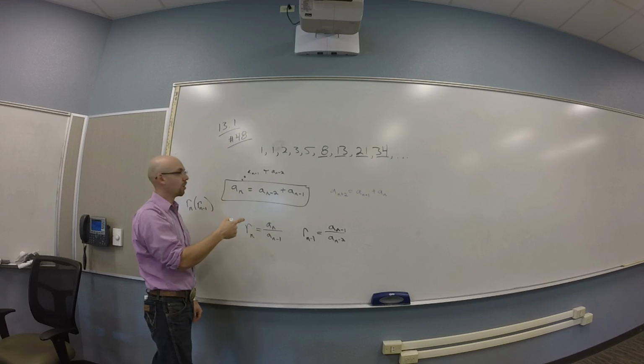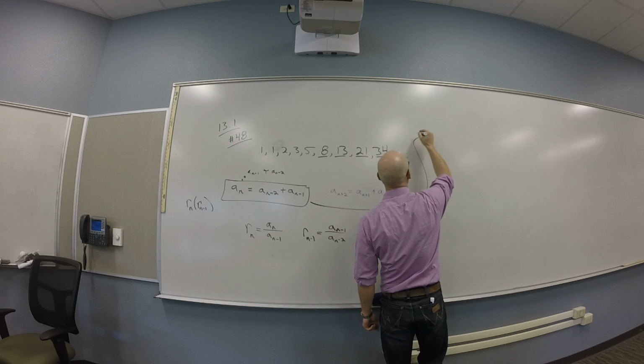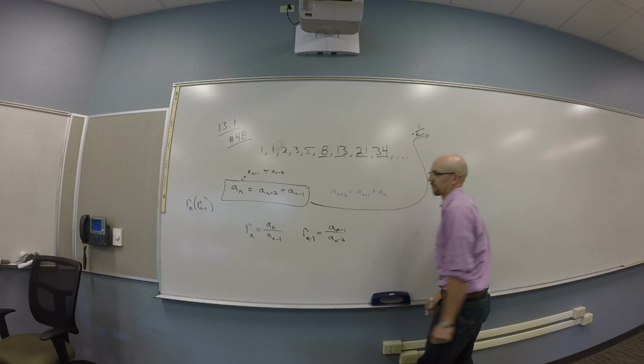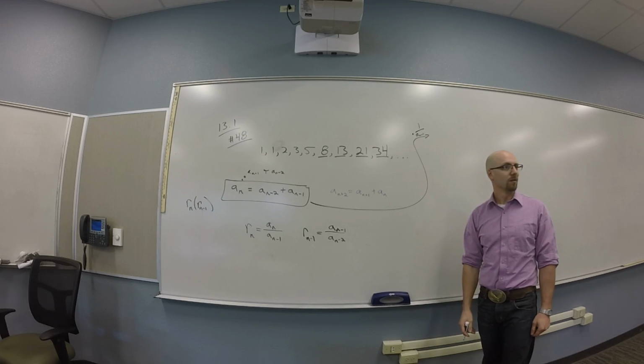Okay, so let me just take this thing and multiply by 1 over a_(n-1). Why would I do that? To get what you want.